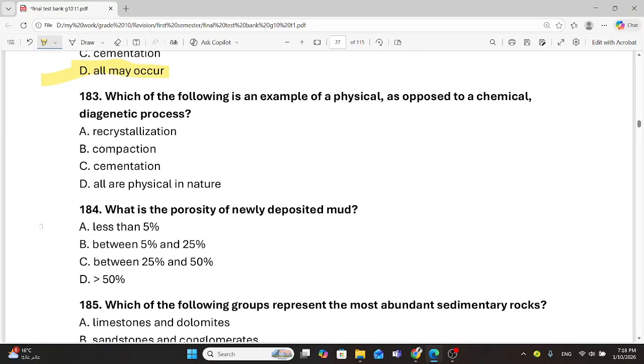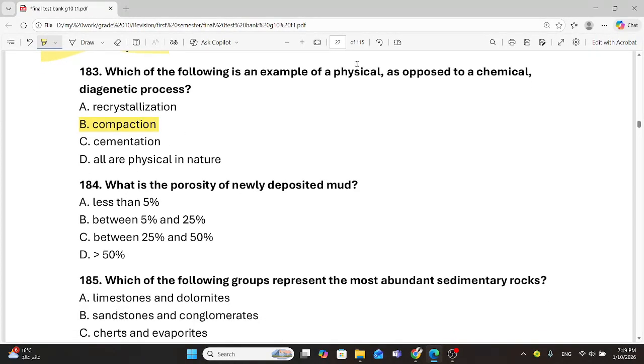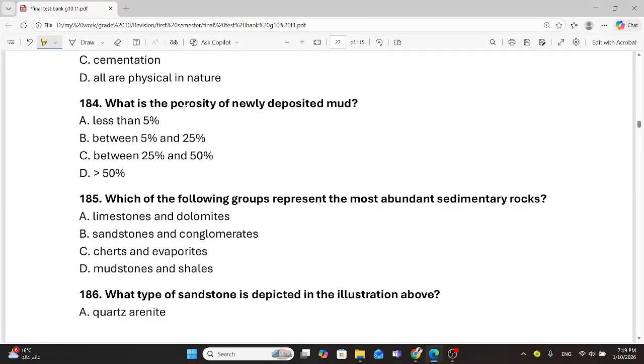Which of the following is an example of a physical as opposed to a chemical diagenetic process? Recrystallization or compaction? What is the porosity of newly deposited mud? It is more than 50%.